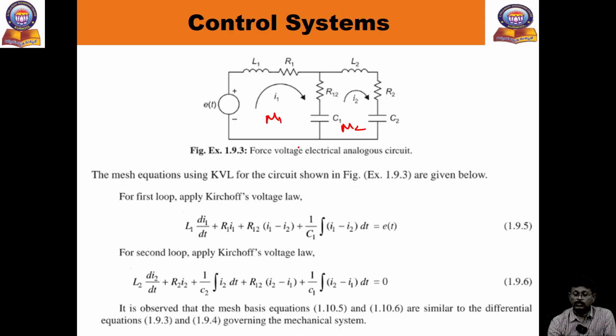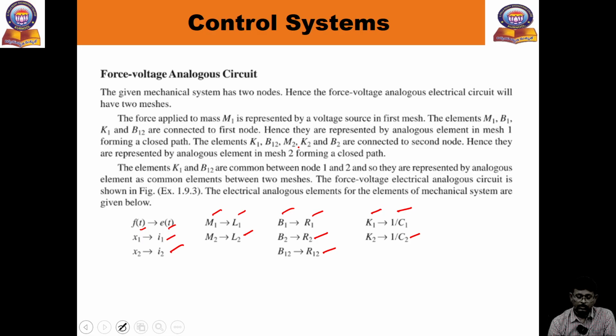You are taking R1, L1, and similarly L2, R2. Between M1 and M2, what elements are there? R12 and C1. R is the dashpot and C1 is the spring, connected in series, and these two in parallel. So simple. Very, very simple.